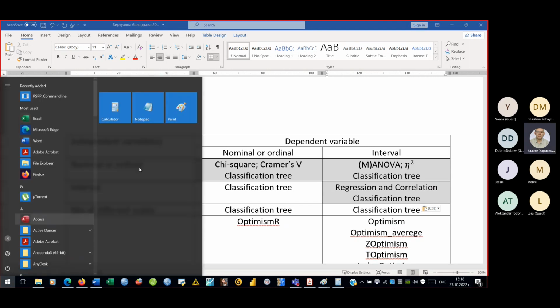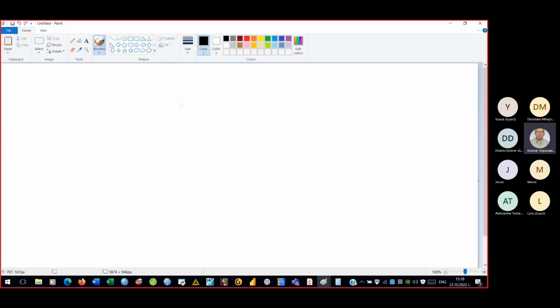I will use again the whiteboard. That means that first, in the beginning, in the root of the tree, we have a sample, a data sample. Then we divide this data sample into subsamples according to the most important factor.